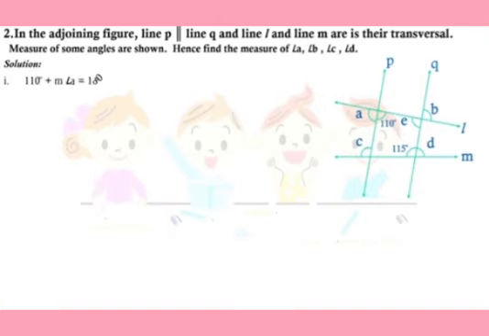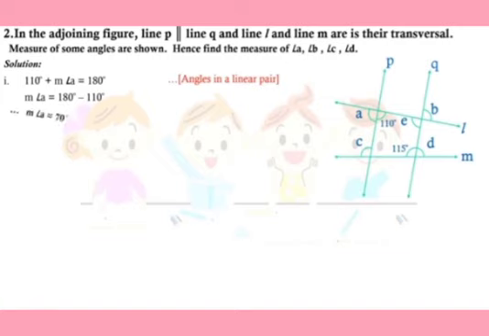So solution, first we are going to find measure of angle A. So 110 degree, you can see here red color highlight 110 degree. 110 degree plus angle A is equal to 180 degree. Angle in a linear pair. We don't know the value of measure of angle A, so keep measure of angle A on left hand side and this 180 on right hand side.